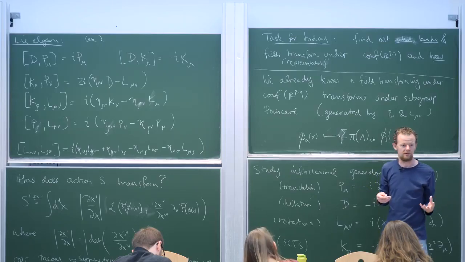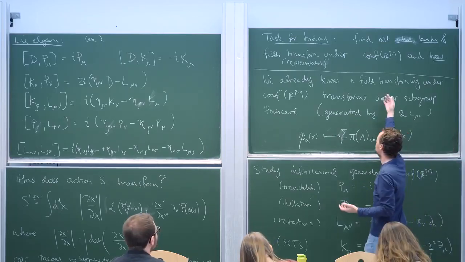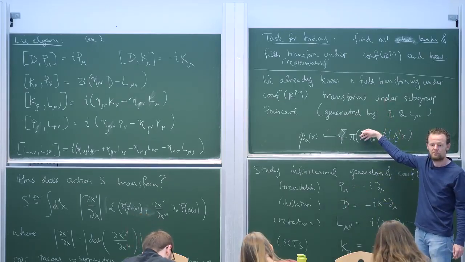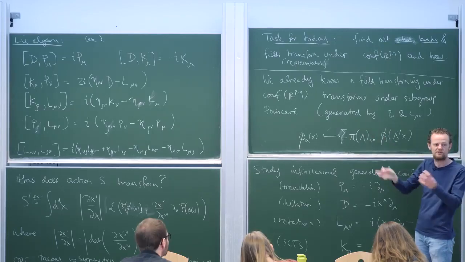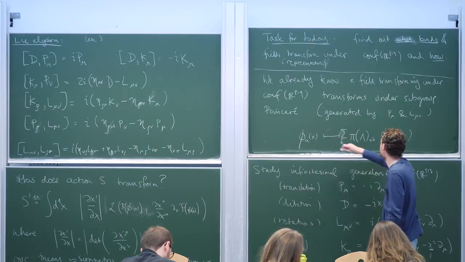Possibly reducible, right? To get a representation of the conformal group, you might need to take the direct sum of a bunch of representations of the Poincaré group. They might get mixed together by these additional transformation rules.